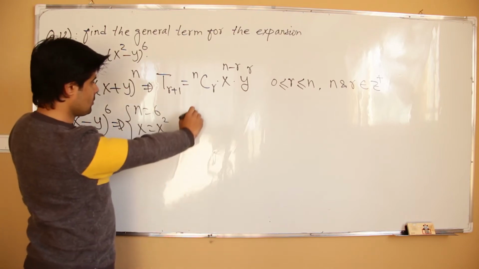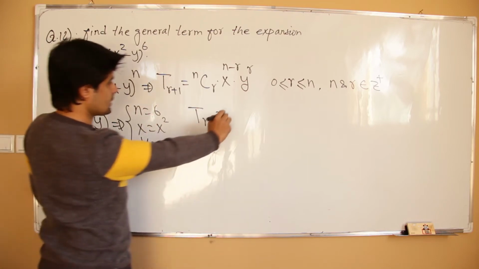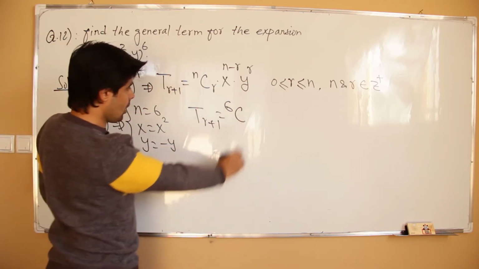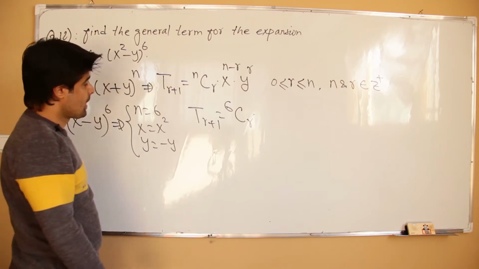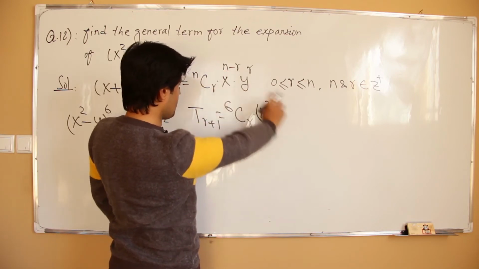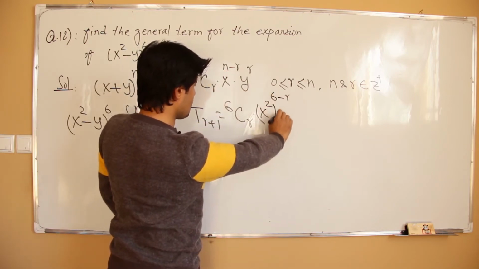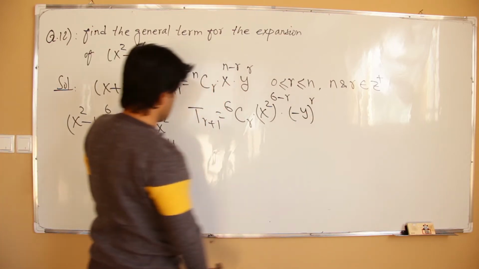Then you can put the value, T r plus 1 is, instead of n, 6, C r, r is not given for every term that we want, x is x squared raised to the power 6 minus r, y is minus y raised to the power r.